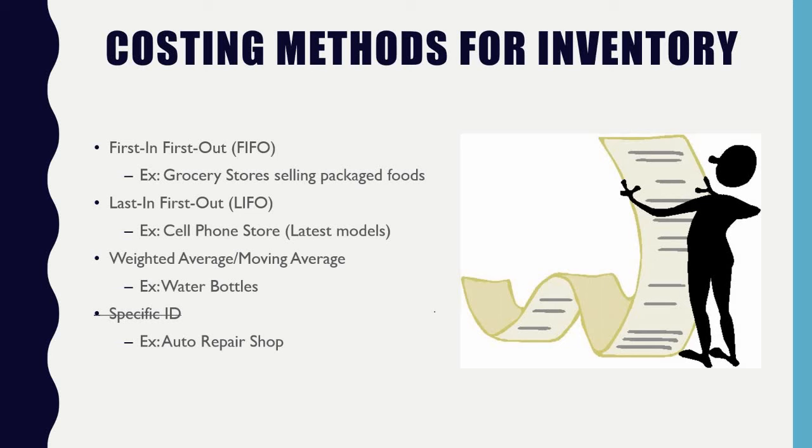You can't expect to buy the first batch and sell the latest batch, because the first batch of milk has an expiration date. It's going to go bad by the time you finish selling your last batch. So that's the mentality of first in, first out: generally when you buy the first batch, you sell the first batch, or you get rid of the first batch.